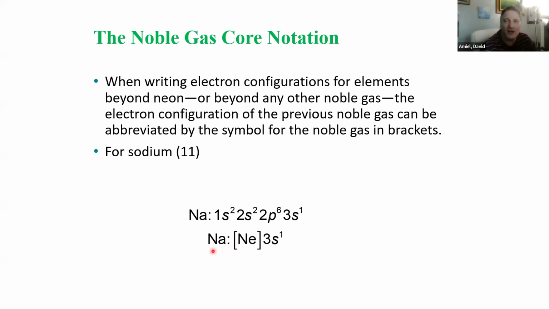So you can write the electronic configuration for sodium as bracket neon 3s1. And these two are just different ways of representing the same thing. Again, just another way of writing electronic configurations using noble gases.